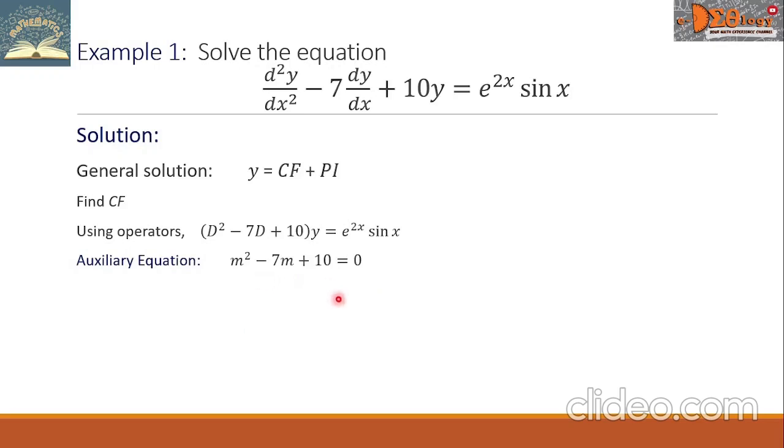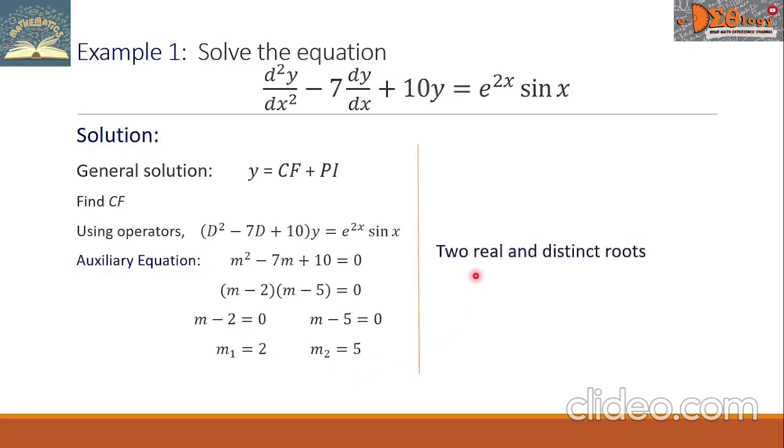When we factor the left side, we have m minus 2 times m minus 5 equals 0. So we equate each factor to 0: m minus 2 equals 0 and m minus 5 equals 0. Solving for m, m sub 1 equals 2 and m sub 2 equals 5. The values for m are 2 real and distinct roots.